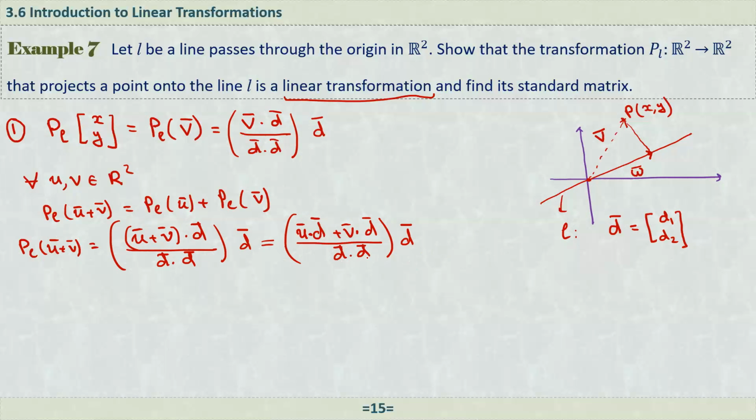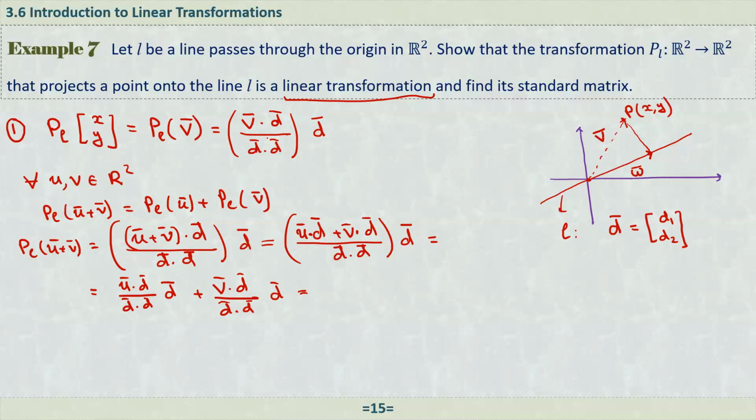Using the properties of fractions, A plus B over C can be written as A over C plus B over C. So that is equal to U dot D over D dot D, times vector D, plus V dot D over D dot D, times vector D. What is this?